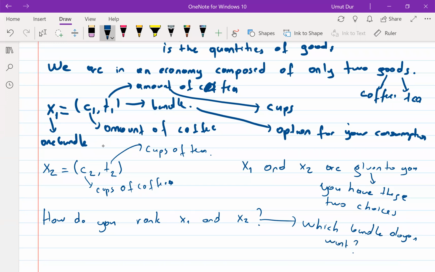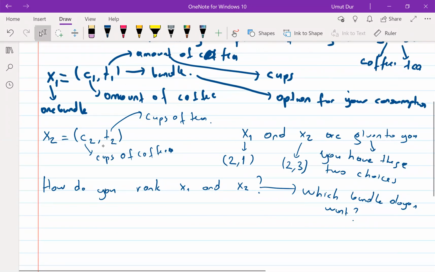Whenever I say bundle, an example can be 2 cups of coffee and 1 cup of tea, or 2 cups of coffee and, let's say, 3 cups of tea. We are looking for different amounts of cups of coffee and cups of tea, and I am asking which one you would prefer. Basically, what is your preference?